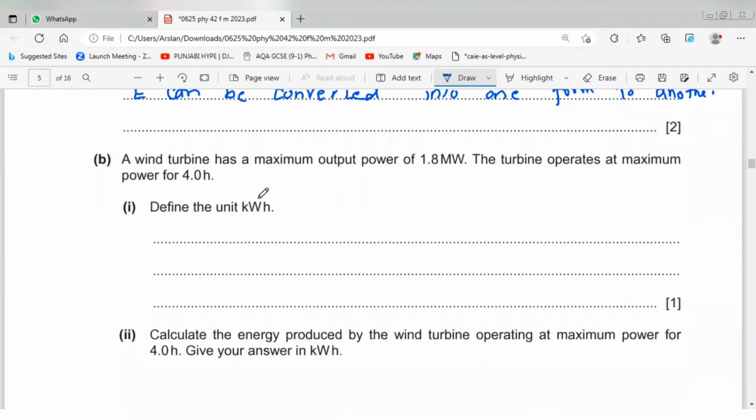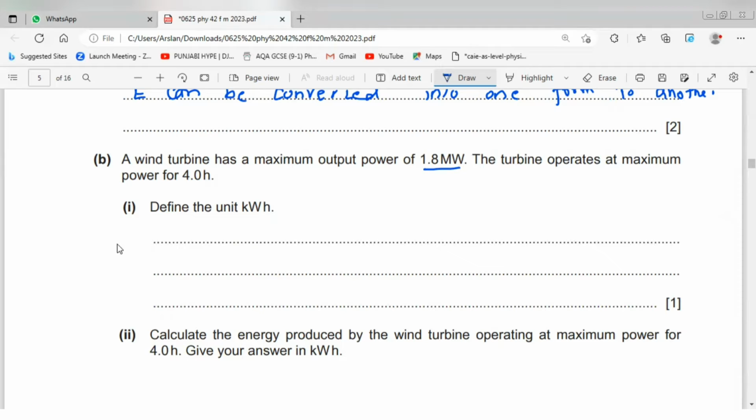Part B. A wind turbine has maximum output power of 1.8 megawatt. Mega is 10 power 6. The turbine operates at maximum power for 4 hours. Define the unit kilowatt hour. You know that the kilowatt hour is the unit of electrical energy.